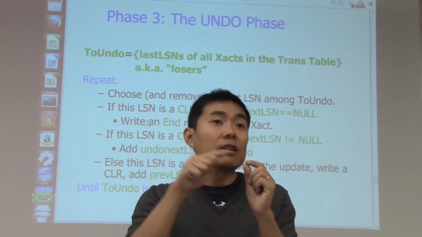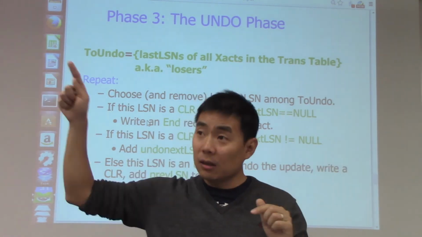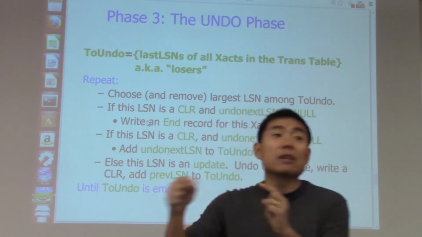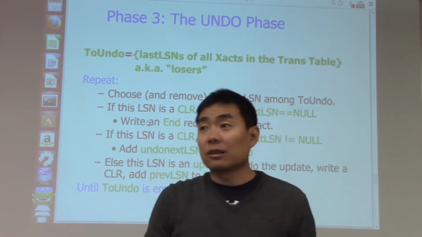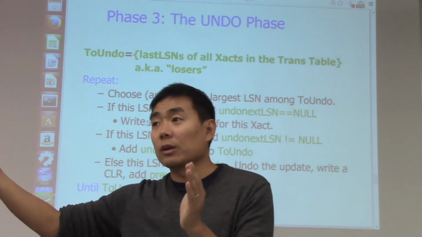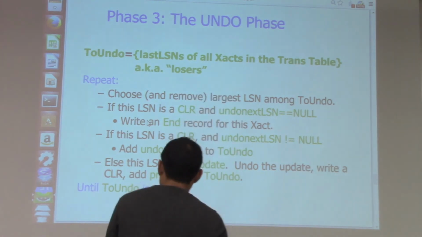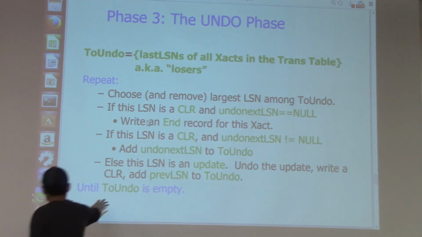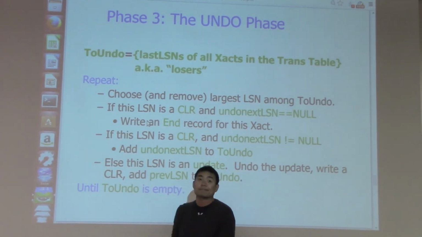You add the prevLSN of the current log record you're trying to undo to the queue. Now that will be the next log record to undo for the current transaction. But you don't undo it immediately because you undo by the sorting order of the log sequence numbers of all these transactions. That's it. You continue doing this until this to-undo list becomes empty.